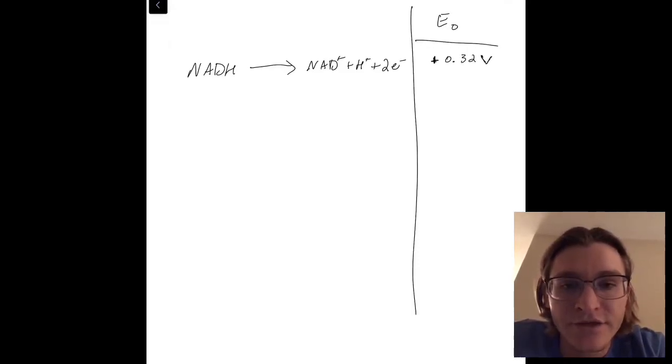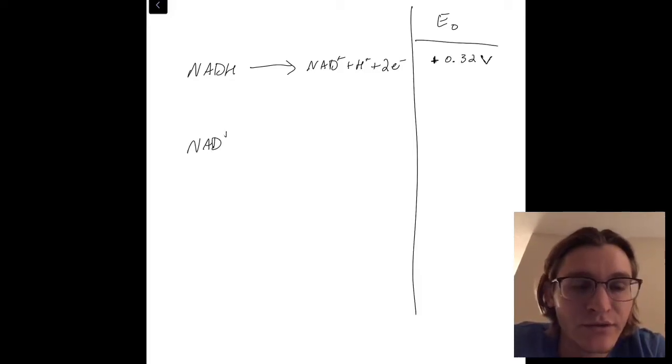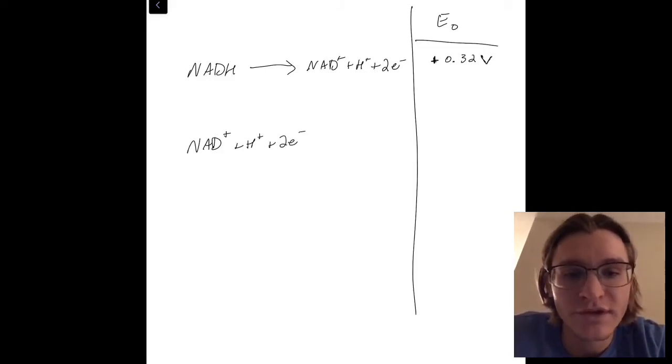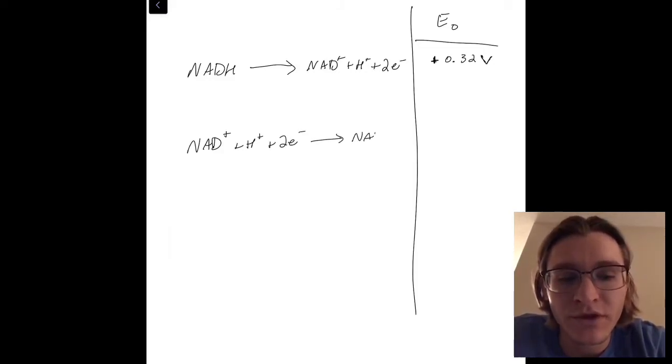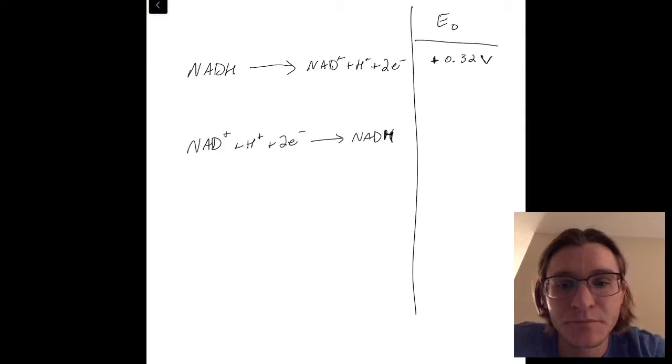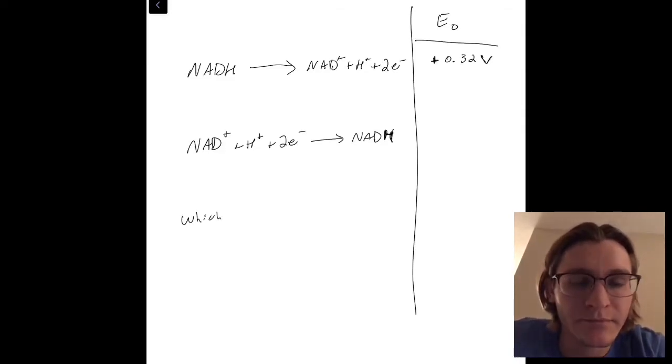NADH to NAD plus hydrogen plus 2 electrons equals a positive 0.32 volts. It's in volts. Volts comes from Ohm's law: volts equals current times resistance. But I wouldn't worry about that. It's just in volts.